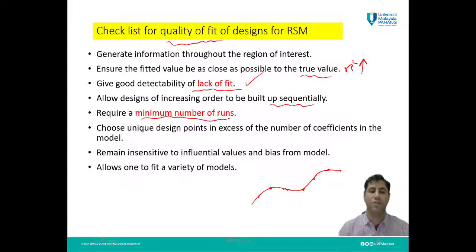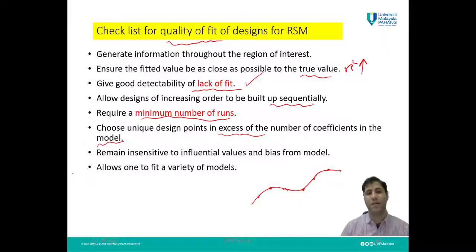And also you need to choose unique design points in excess of the number of coefficients in the model. Sometimes the point levels which you choose in your design of experiment are closer to each other. Sometimes it is not that necessary. You need to check if your data point is really required to be included in the model.